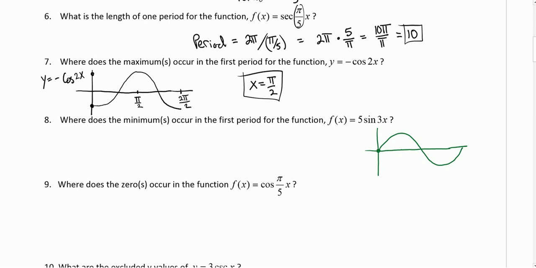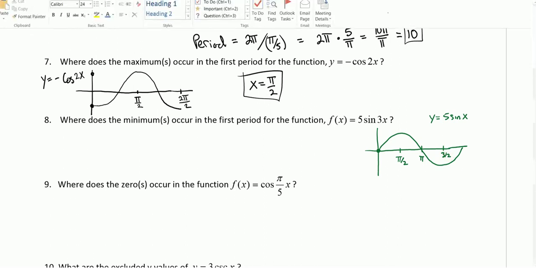So typically, if this is just y equals 5 sine x, then some of the critical points are pi over 2, pi, 3 pi over 2, and 2 pi. I wrote 3 over 2, let me fix that.